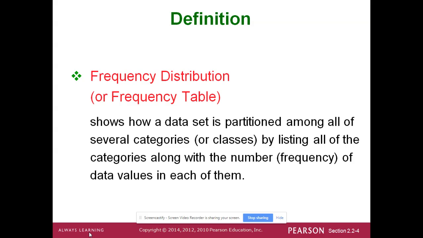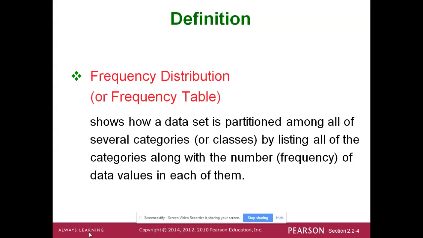Frequency distribution, what the heck is the thing? It shows how a data set is partitioned among several categories, or we're going to call those classes, by listing those classes or categories along with the number, the frequency, of data values that occur in there.